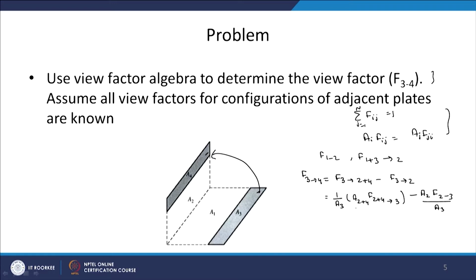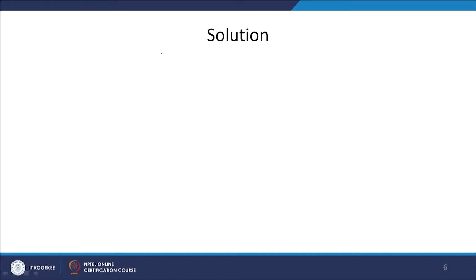Now, F 2 plus 4 to 3 is also not known. So, let us again look at these quantities. So, F 3 to 4 is equal to the first quantity becomes A 2 plus A 4 divided by A 3, and the first quantity becomes F 2 plus 4 to 1 plus 3 minus F 2 plus 4 to 1.